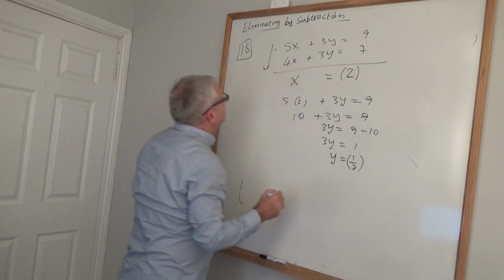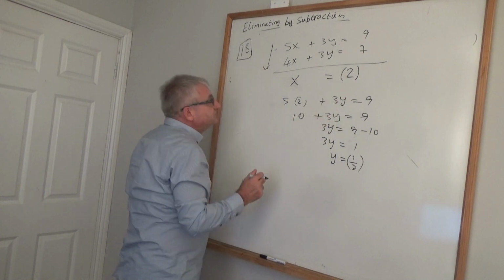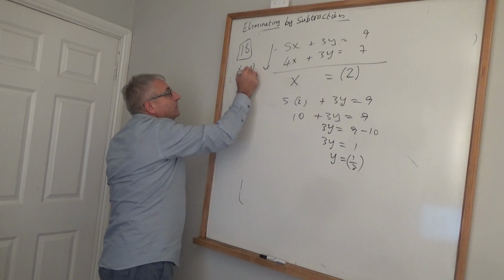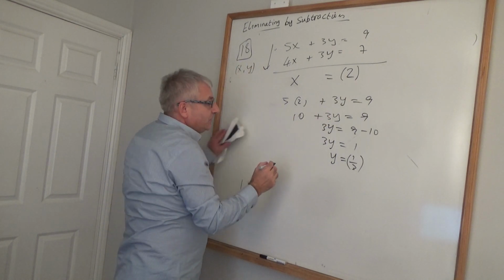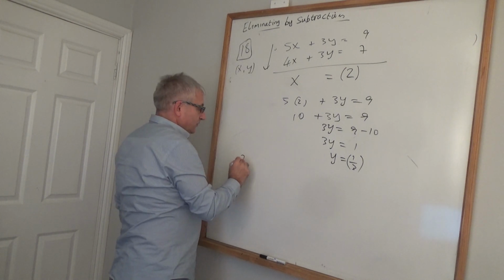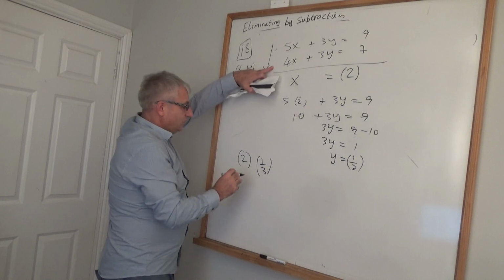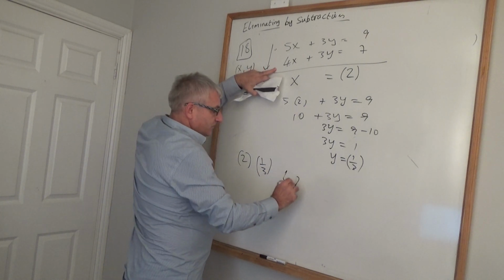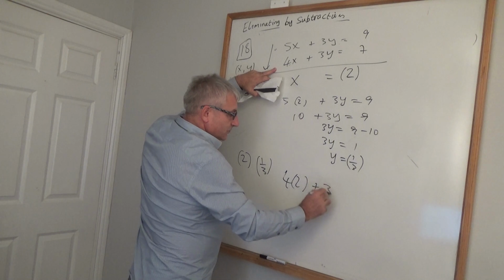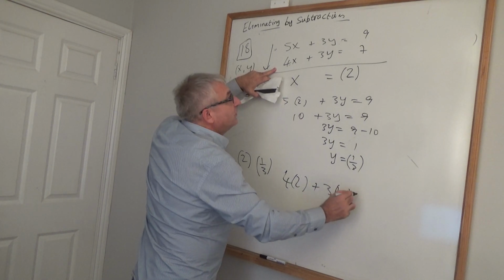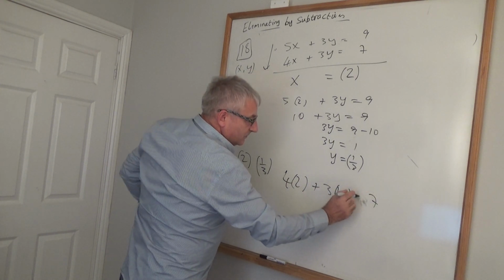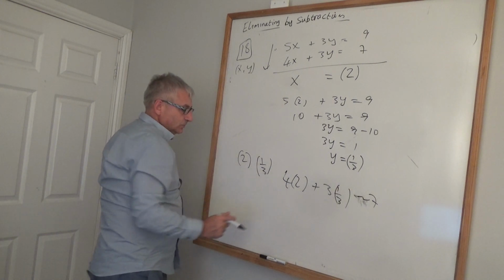Okay, he's ready for substitution along with the 2. So I'll go xy here, putting in 2, a third. As we move along through here, these are in the right order. I'm getting 4 times 2 plus 3 times a third. Hopefully it's equal to 7. I might squiggle that until I'm sure. Ooh, that's alright.